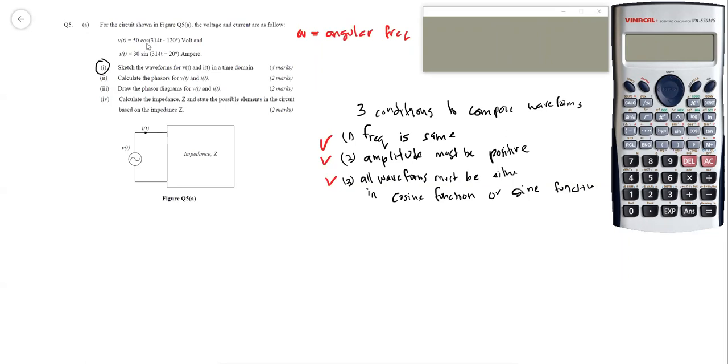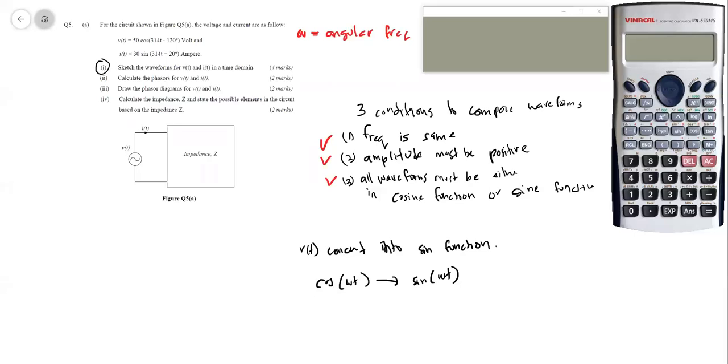Okay, so Vt, convert into sine function. So how to convert the cos into sine? By using trigonometric functions, right?